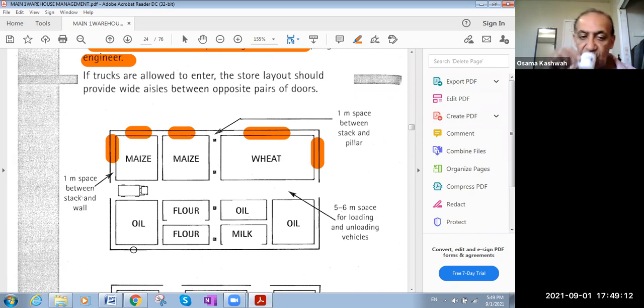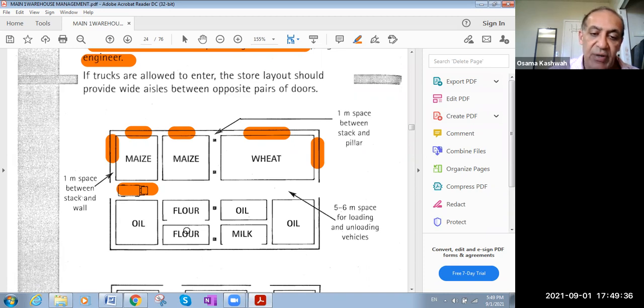And you see here there is a figure showing manual or automatic delivery inside the store itself. But this is an exception, because it is not allowed inside unless an engineer permits it.